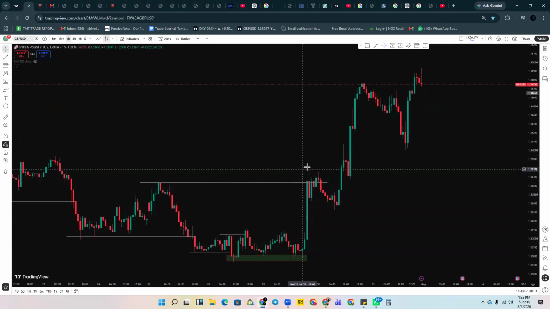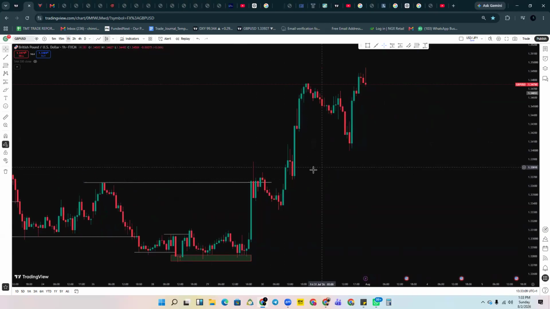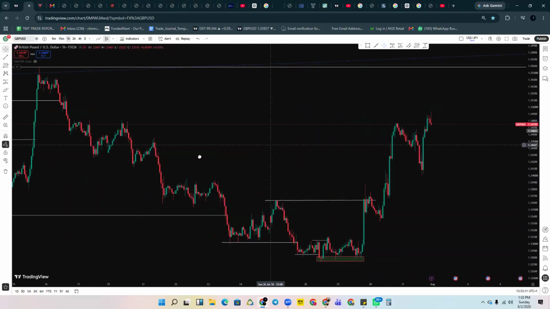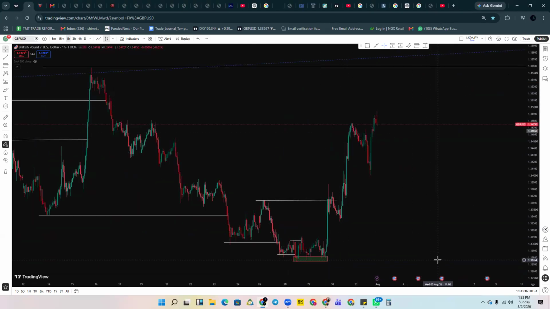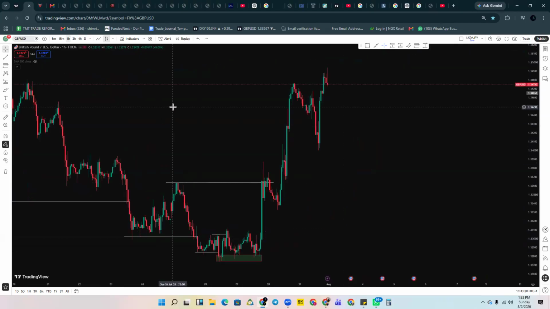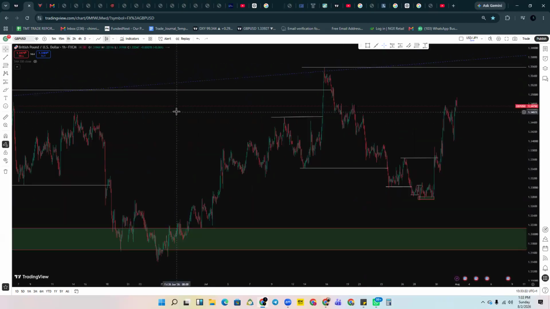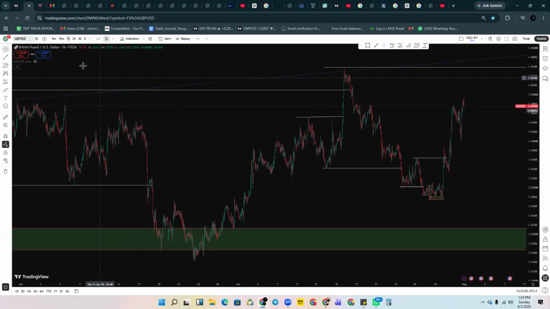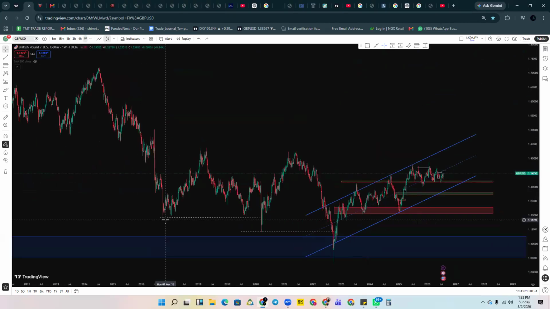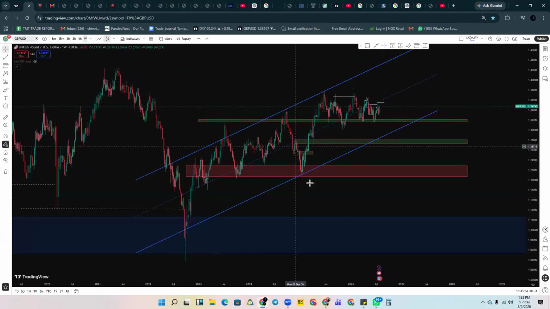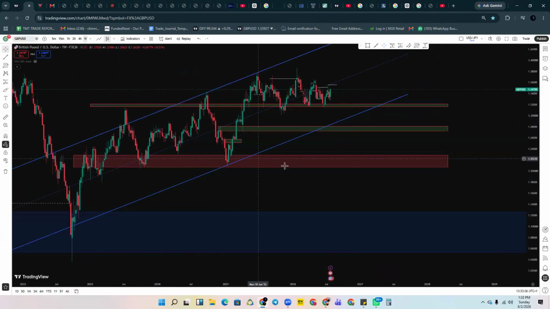So now we have a bullish structure in place, which could either be a pullback for price to sell lower, or we now have the continuation of the main bullish trend, the overall bullish trend. Because when we look at the weekly time frame, we could see that price has been on a bullish trend for a while now.